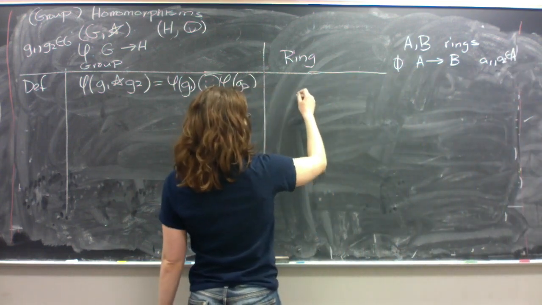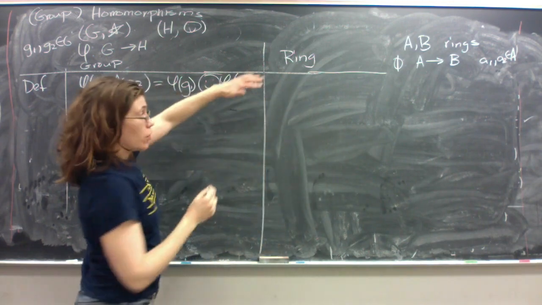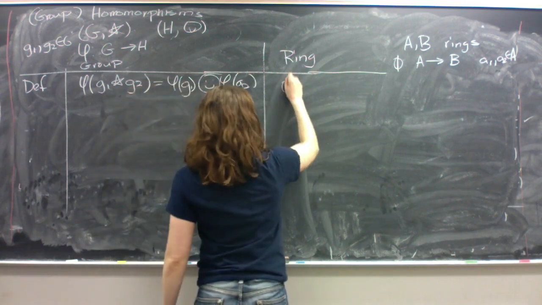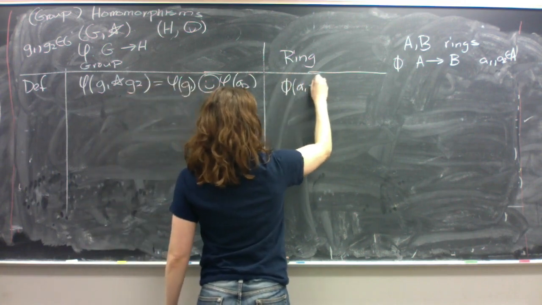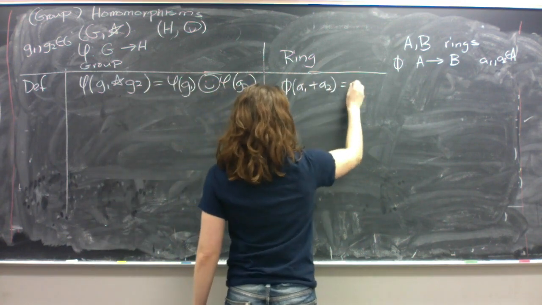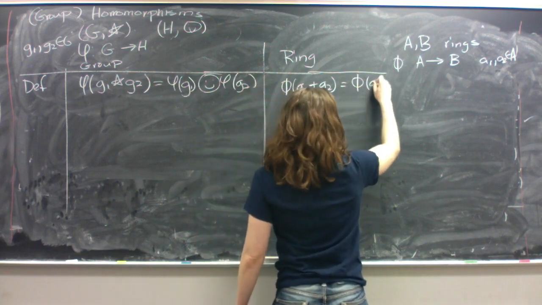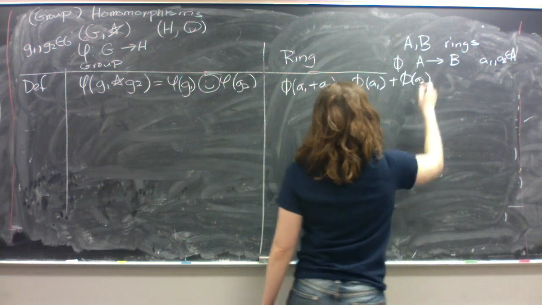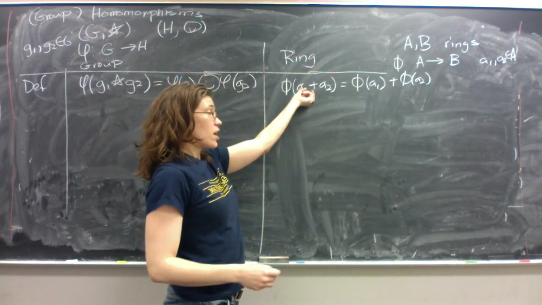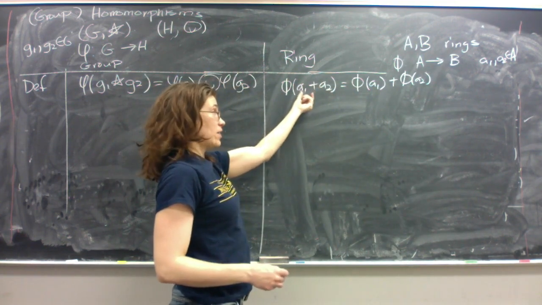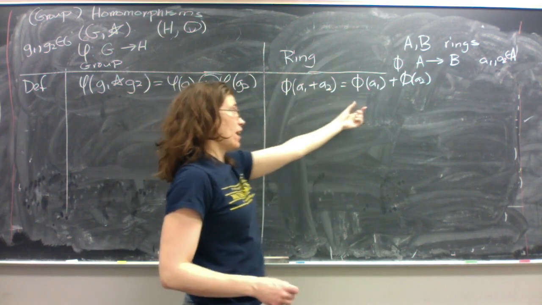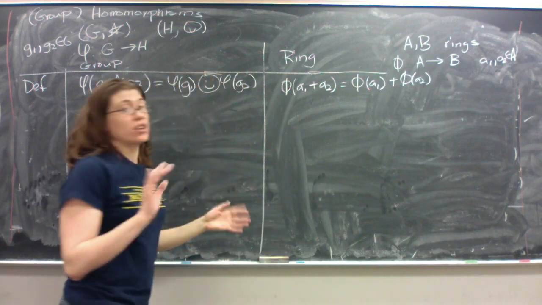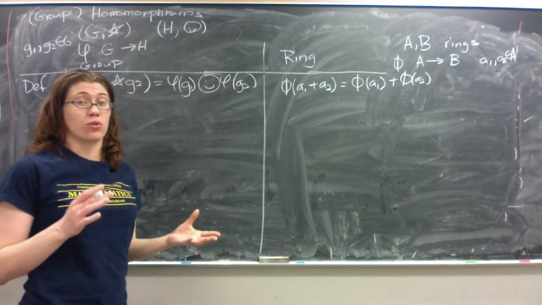Okay, so then our definition of ring homomorphism, or preserving the ring structure, meant that phi of a1 plus a2 is the same as phi of a1 plus phi of a2. Now here the plus is the addition operation for A, and here the plus is the addition operation for B. But we usually didn't use different notation for those operations.